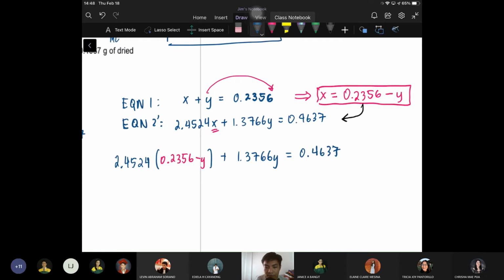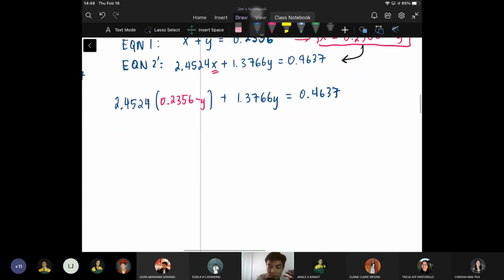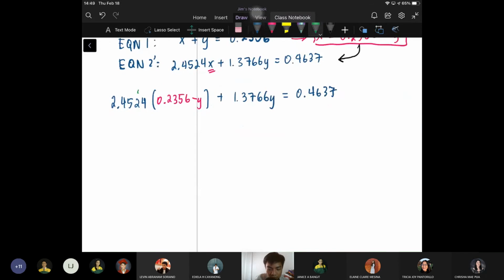Okay? So, let's solve for that. Distribute yung term. Distribute. Okay? Ito, pag nag-distribute kayo, copy nyo na lahat ng digits, no? Huwag tayo mag-round off sa solving for x and y to eh.